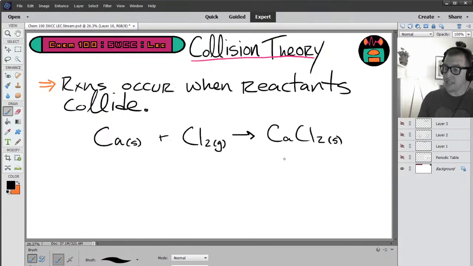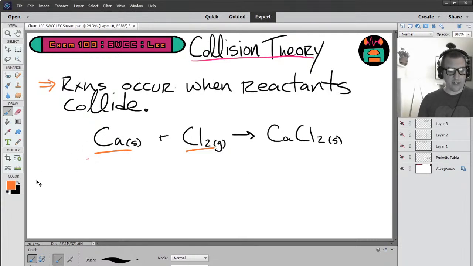It's not possible for this reaction to take place unless our chlorine comes into physical contact with our calcium, right?